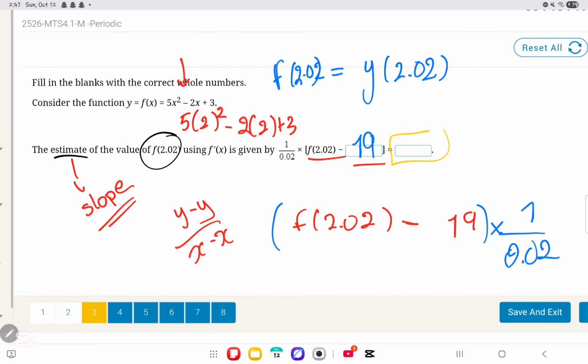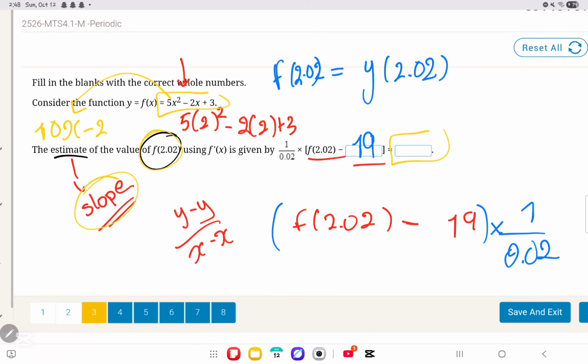Now, what about this number over here? Very simply, we know in order to find an approximate value of f(2.02), what do we need to do? We need to take the slope, right? And how do we find the slope? We need to take the derivative of the equation, which is 10x minus 2, and we will substitute a value that we are given. We don't substitute 2.02.